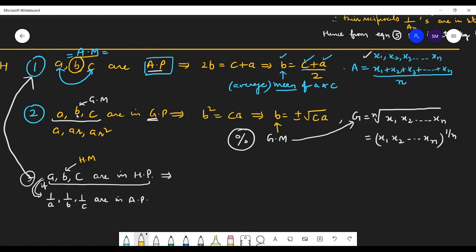In geometric progression, B is geometric mean. In harmonic progression, B is harmonic mean. It's as simple as that. Arithmetic progression, arithmetic mean. Geometric progression, geometric mean. Harmonic progression, harmonic mean.